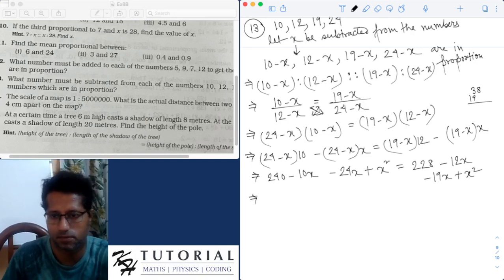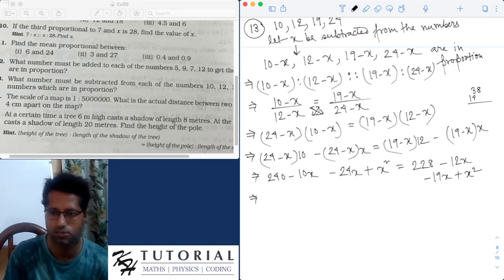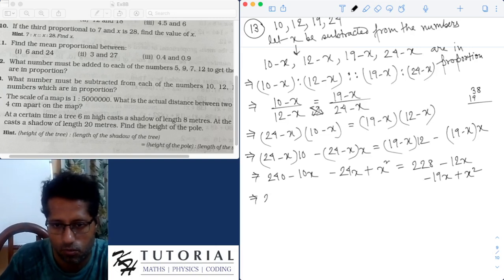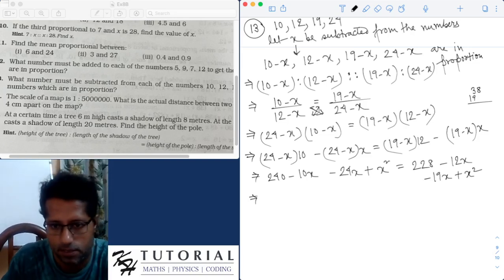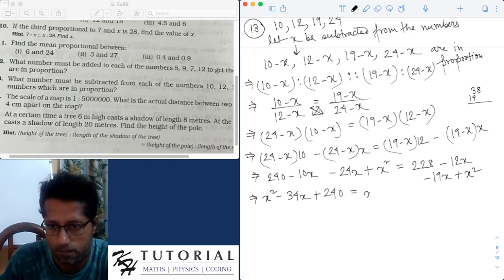So we have to simplify the algebraic expressions on both sides by adding the like terms, and we get x square minus 34x plus 240 equals x square minus 31x plus 228.